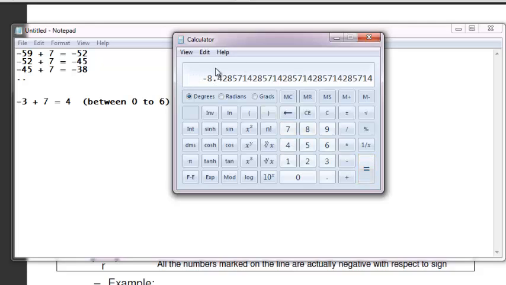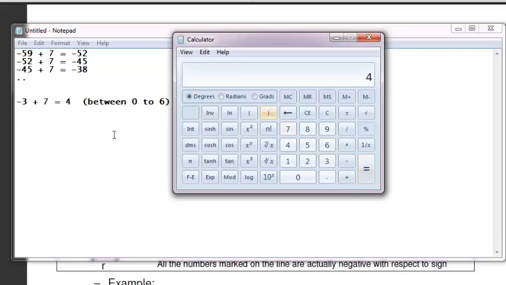So when you work with negative numbers, you cannot just eliminate this quotient. What you have to do is add the next largest integer, which is 9, right? So add 9, which is the next largest integer, to negative 8.42857, and you get now this fractional part. Now to this fractional part multiply 7, you get 4.